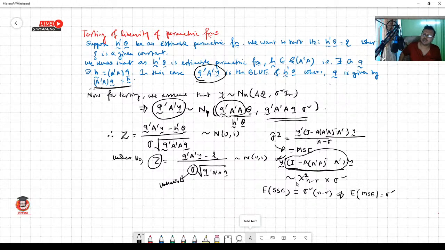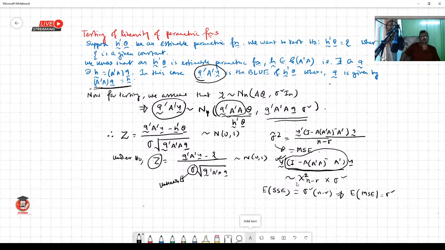So this follows chi-square with degrees of freedom equal to the rank of I minus a prime a g inverse a prime, and that rank is nothing but n minus r. Hence this follows chi-square with n minus r into sigma square.